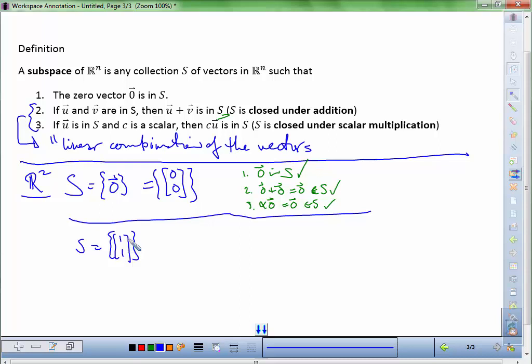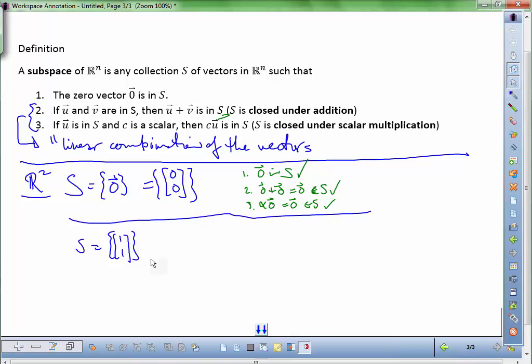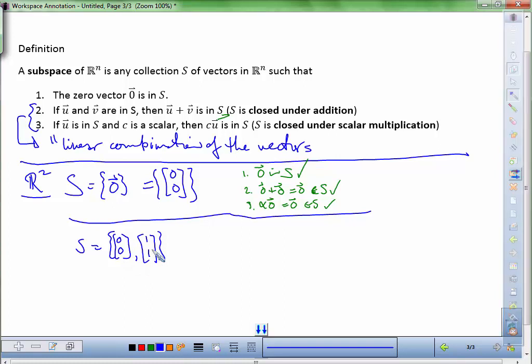Is it? What do I need in there? I need the 0, 0 vector, right? So now I have two vectors. Now, is this a subspace?